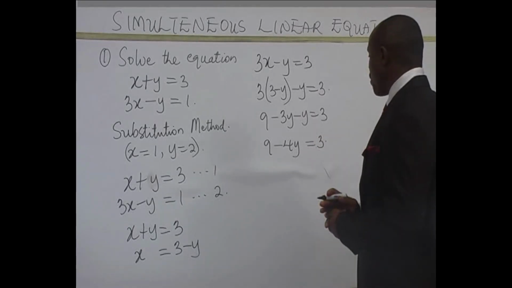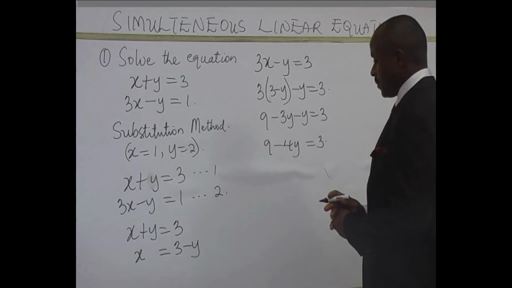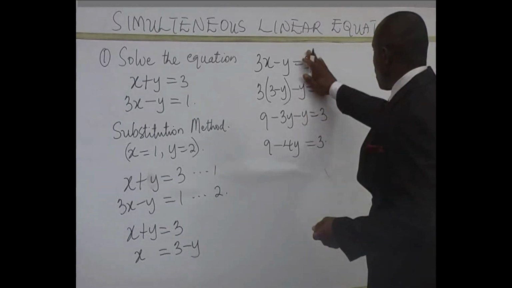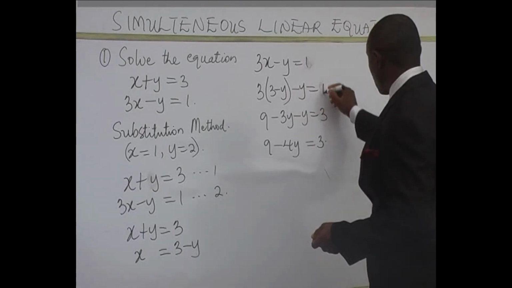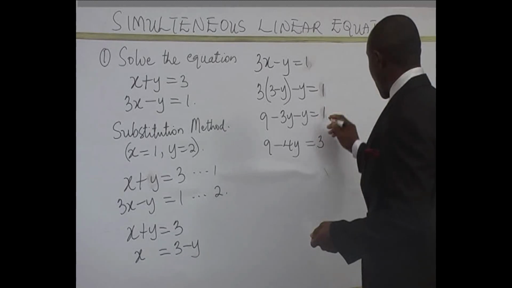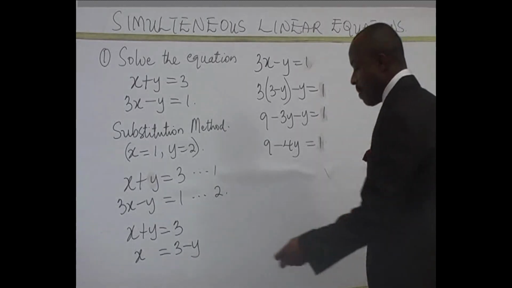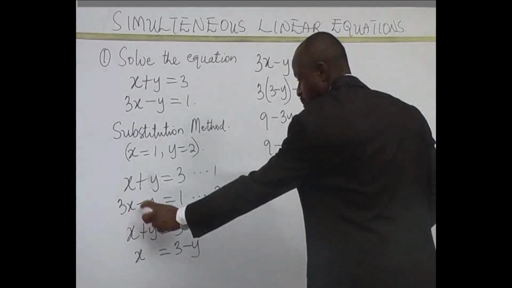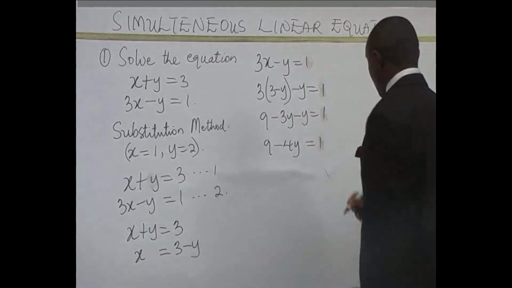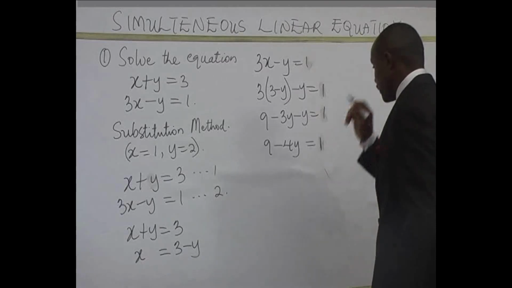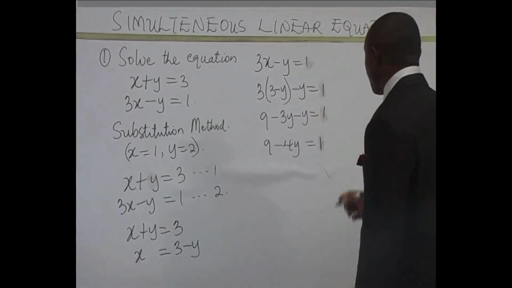Subtract 9 from both sides of the equation. No, this is equal to 1. Remember, 3x minus y is equal to 1, not 3. It was a mistake. Okay? Now subtract 9 from both sides of the equation.